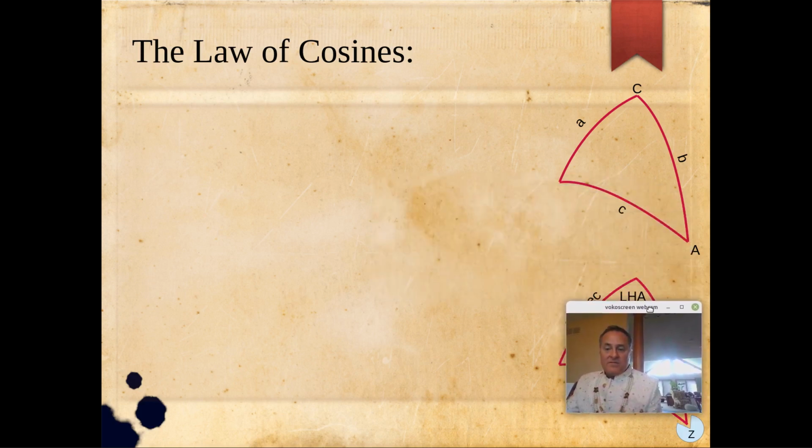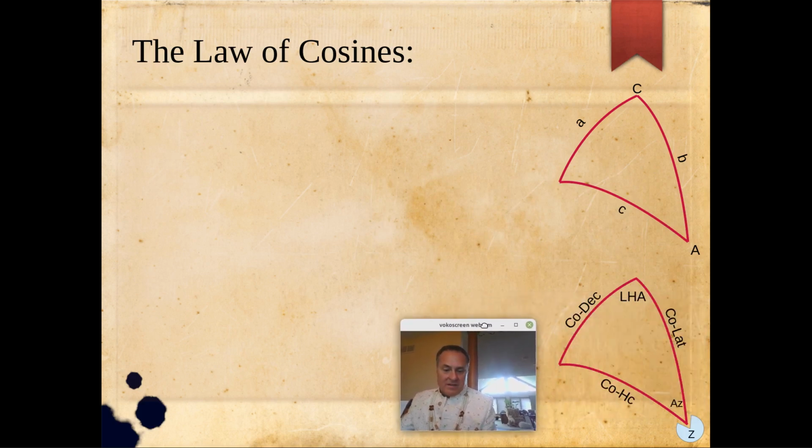But in terms of this top triangle here, the law of cosines simply stated is this. You can use this and you can plug and chug and you can do celestial navigation all your life by just taking the cosine of little a, which is the co-declination, times the cosine of little b, which is the co-latitude, plus the sine of little a, co-declination again, times the sine of little b, co-latitude again, times the cosine of the enclosed angle, which happens to be the local hour angle.